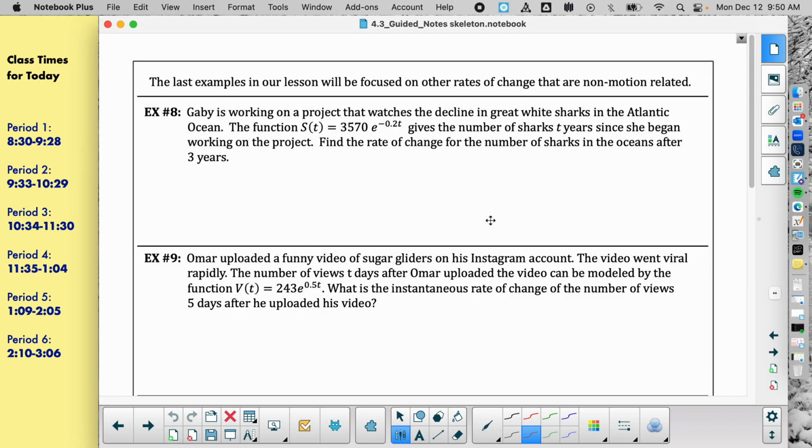Find the rate of change for the number of sharks in the ocean after 3 years. So the word rate should automatically be key for you to find the derivative. Because if that equation stands for sharks, and we want to know sharks per year, so the rate of change of sharks, that would be the derivative. So S prime would be our first goal here.